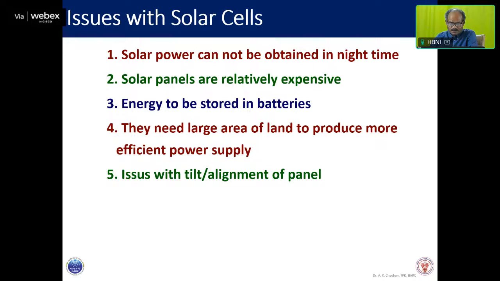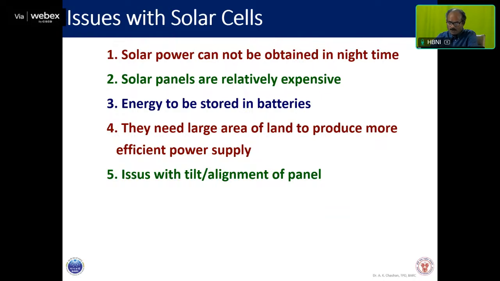Yeah. Then there is an issue with the tilt and alignment of panels. It is very important that the sunlight should be falling on the solar cells. Now, in the morning, sun is in the east. In the evening, sun is at the west.